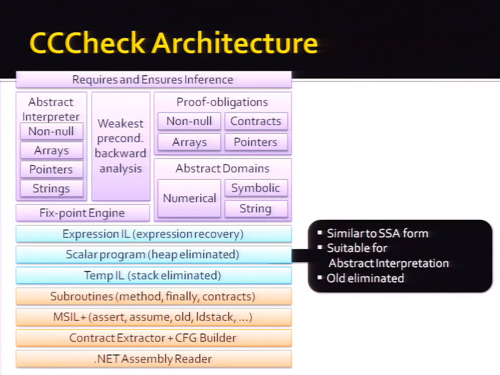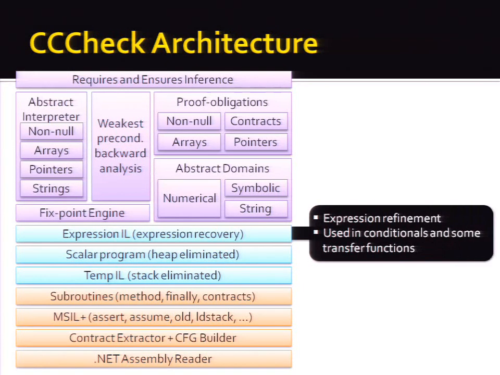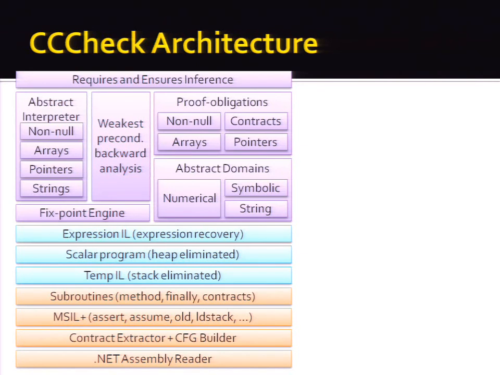Then we just raise the level of abstraction further and further. We remove the heap by producing a scalar program. We recover some expressions. And at the very top, we have a bunch of analyses that compute fixed points over abstract domains, for example numerical or non-null arrays, and so on. Then we have proof obligations, either the asserts that are in the code explicitly, or maybe we can enable some extra things you want to check. For example, maybe you want to check that there are no null dereferences, which would be implicit assertions in the code.